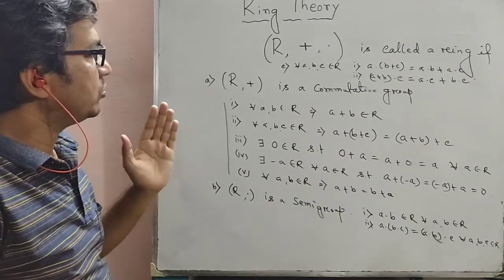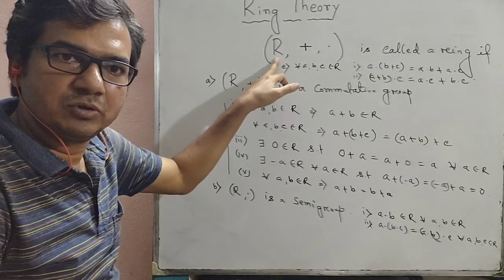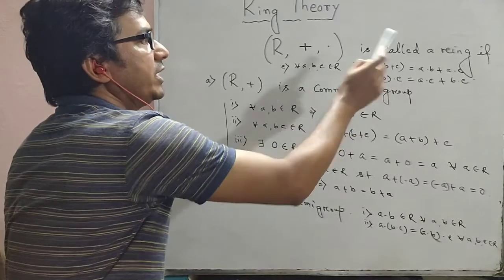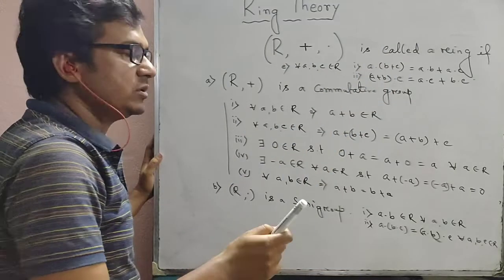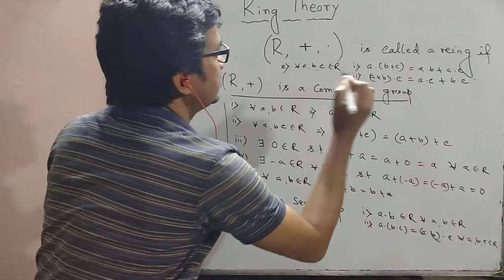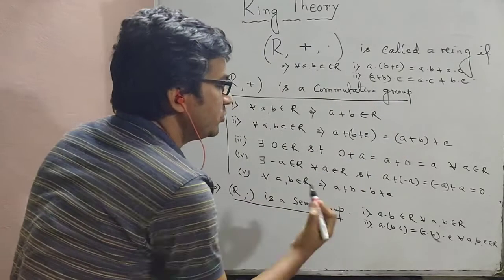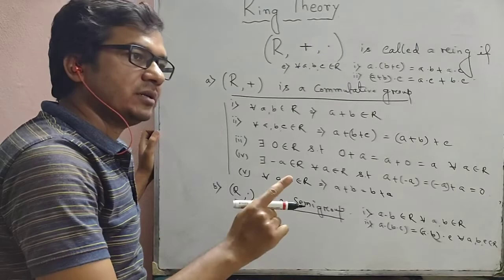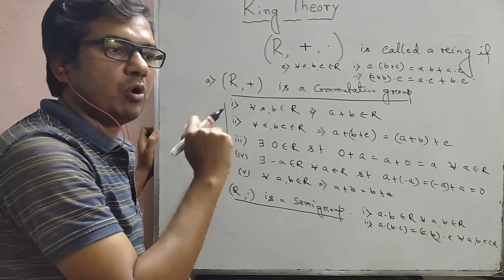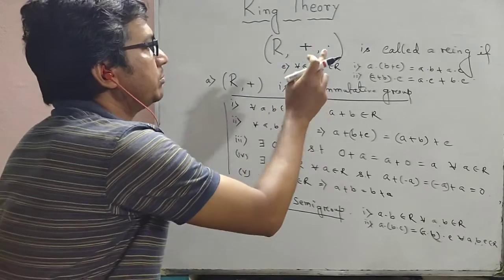So we say the non-empty set R together with 2 binary compositions plus and dot is called a ring if R plus is a commutative group, R dot is a semi-group, and R follows 2 distributive laws, left distributive and right distributive, together with plus and dot.